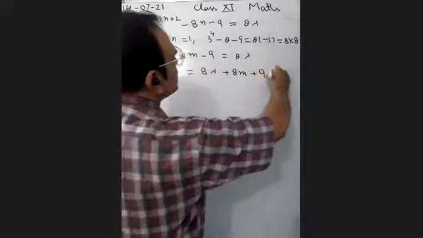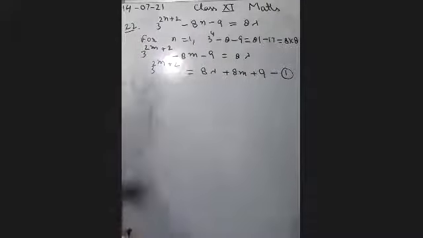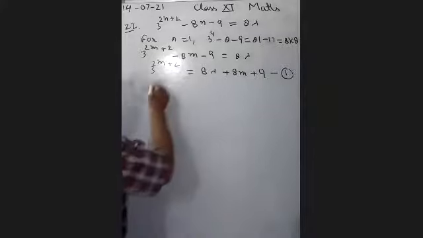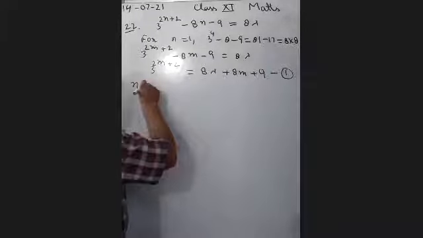Yesterday also we did it in this way. By shifting the other terms to the right side, we are giving the name equation number 1. Now we are proving for n equal to m plus 1.